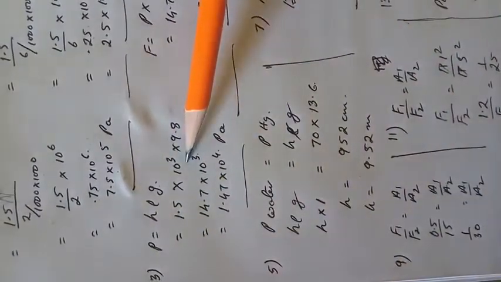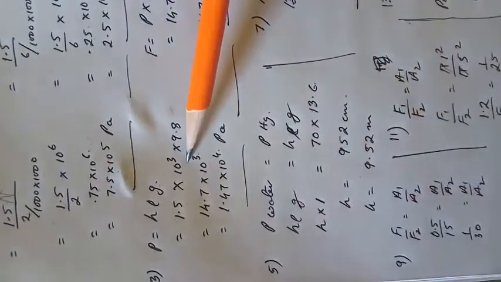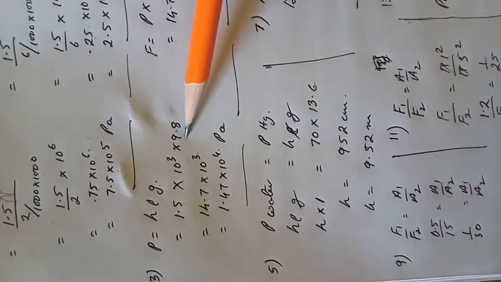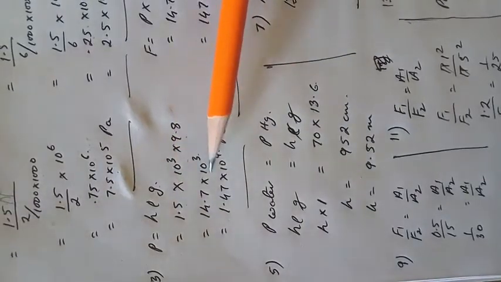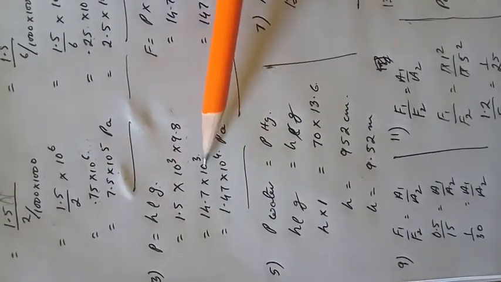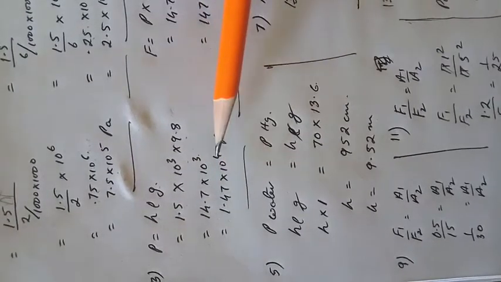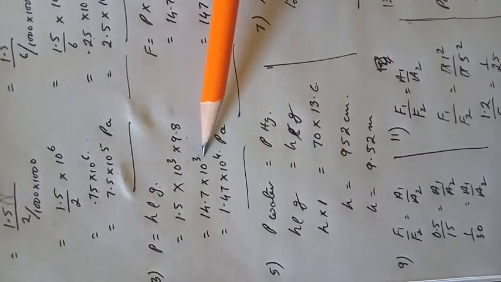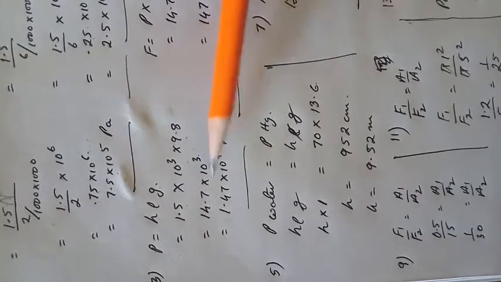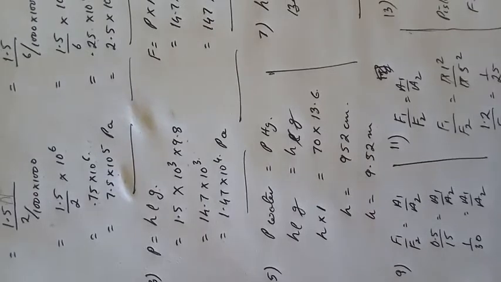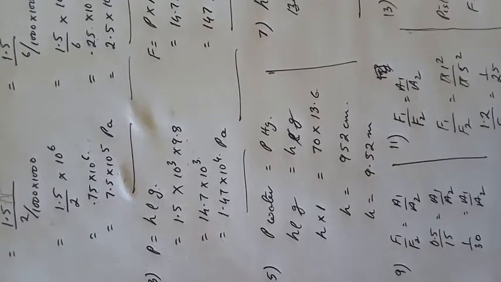Density of water 10 to the power 3 kilograms per meter cube, and acceleration due to gravity that much. Now when you multiply that, it comes to 14.7 into 10 to the power 3. As I said, we have to give it with one decimal place here, so I multiply this with 10 and I get that 10 to the power 4. Are you getting me?